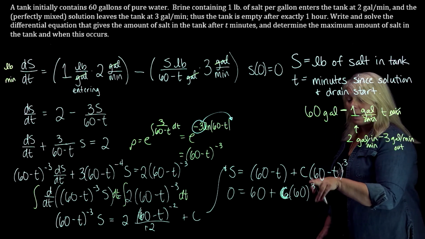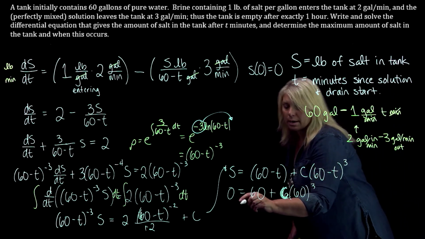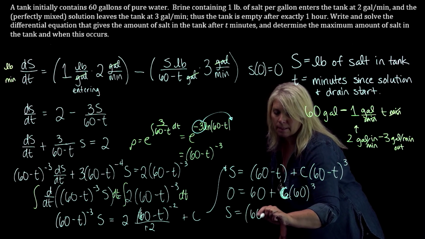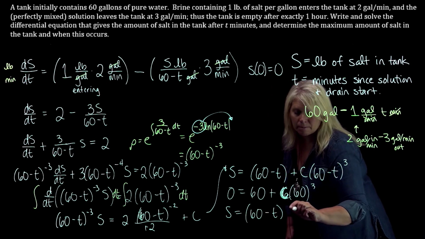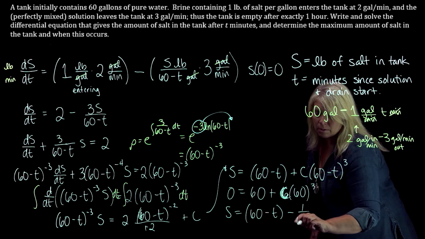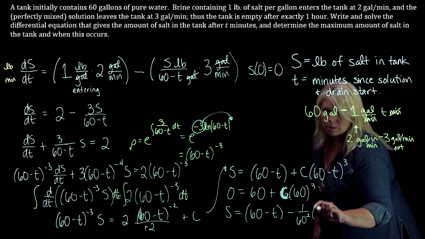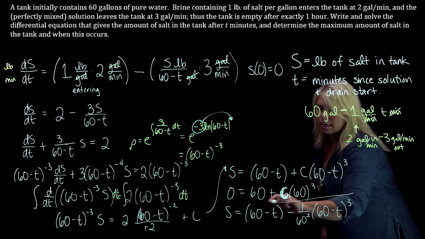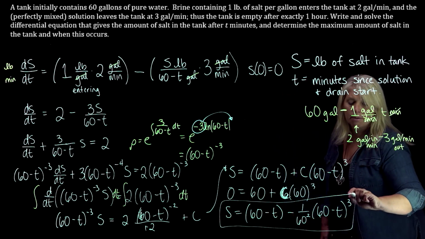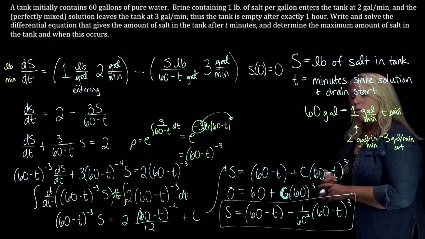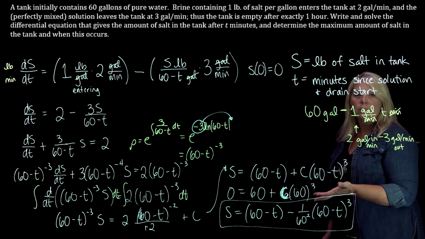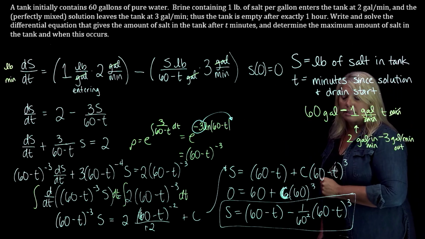You get negative 1 over 60 squared, and so we'll write our solution here. All right, so here is one of the things that we were asked to find. The solution to the differential equation that models the amount of salt in the tank at time t.